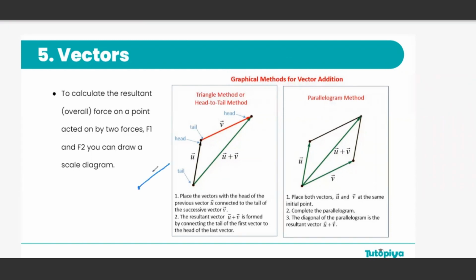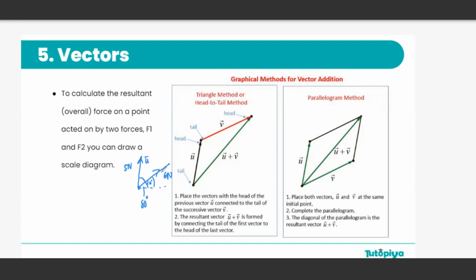V with a magnitude of 6 newtons, and the angle to the horizontal is 20 degrees. And then there is U with a magnitude of 5 newtons, and the angle to the horizontal is 80 degrees.